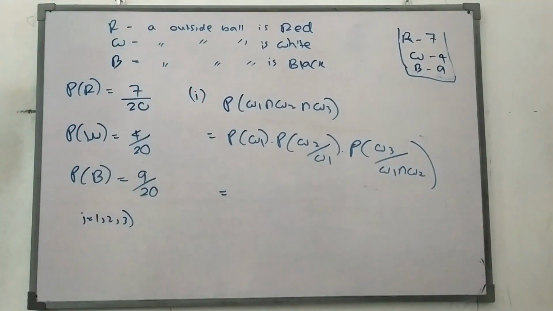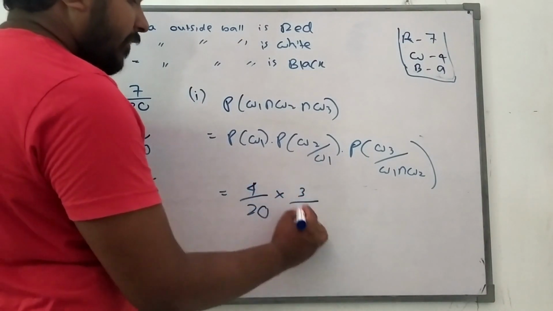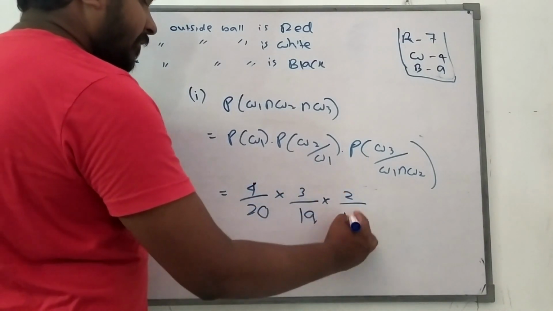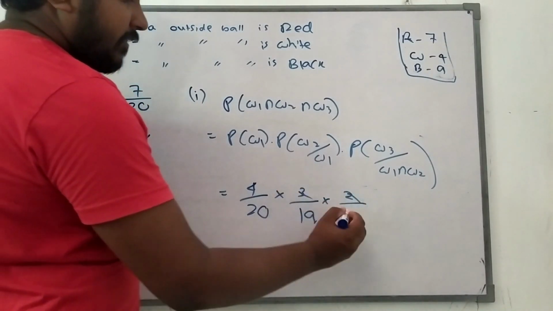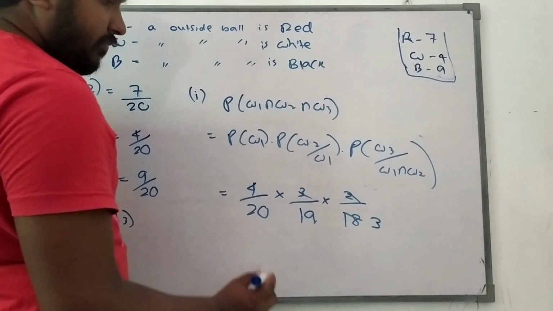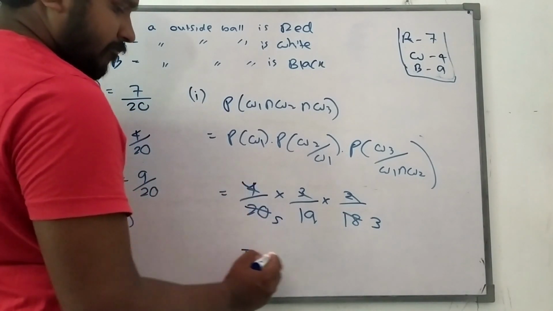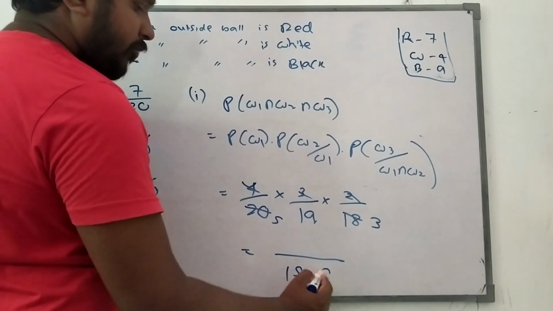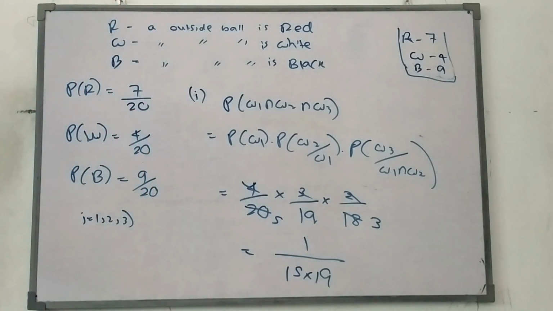So the first one is white, it's 4 over 20, 3 over 19, 2 over 18. Okay, this is the second part, part B, right?